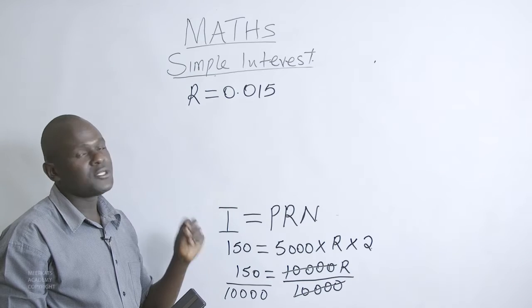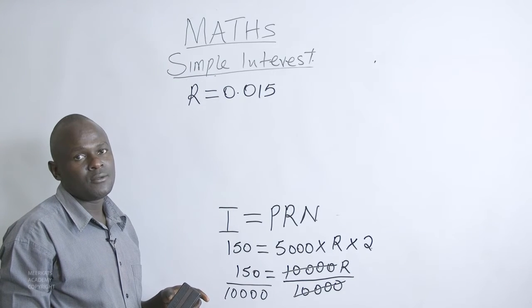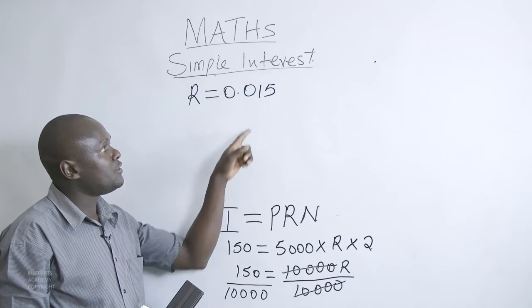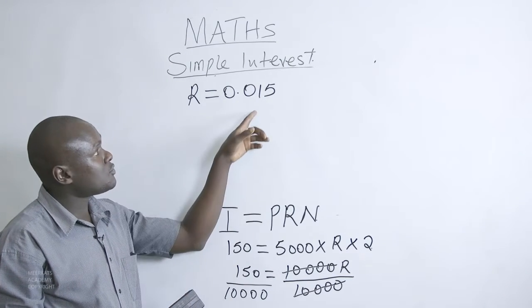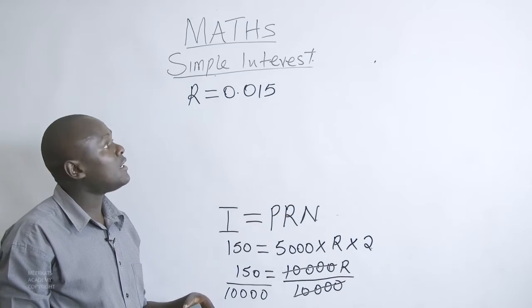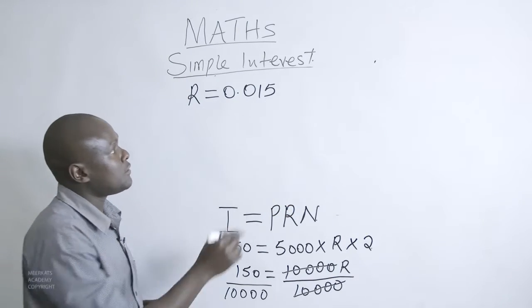And remember, our rates should be expressed as percentages. So we need to express this as a percentage. And for us to express a given decimal number as a percentage, we basically multiply that number by 100%.